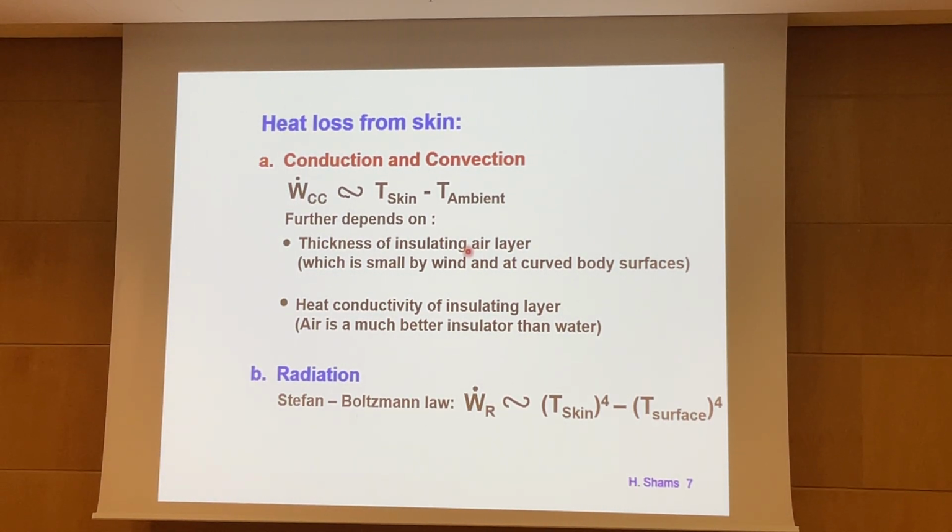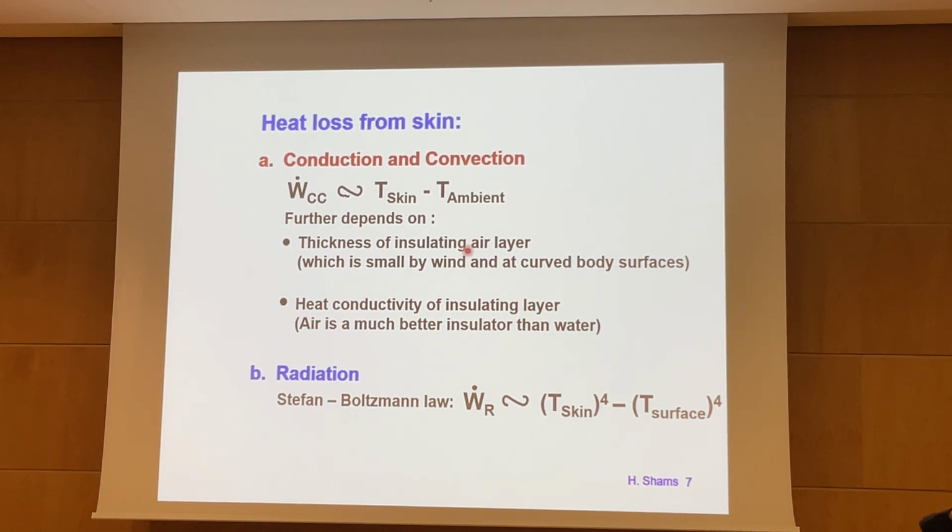The higher I go, the movement of the air is more. If I have wind here, for instance, air conditioning blowing, mostly it takes the layer above. The last layer, which is on my skin, moves also, but very little.